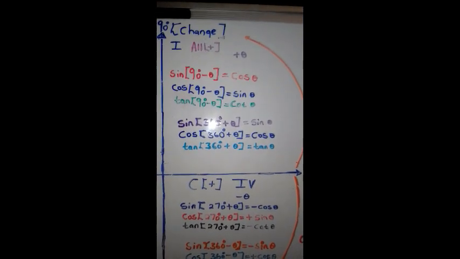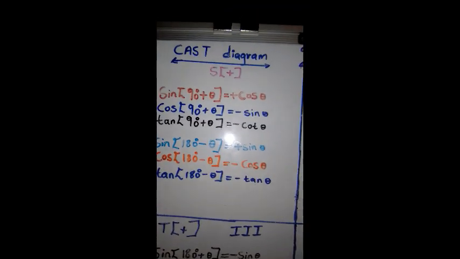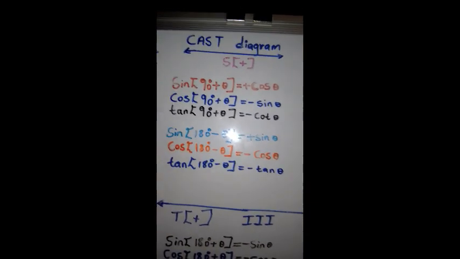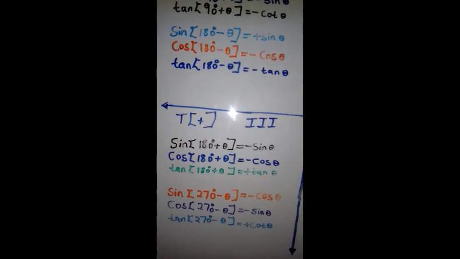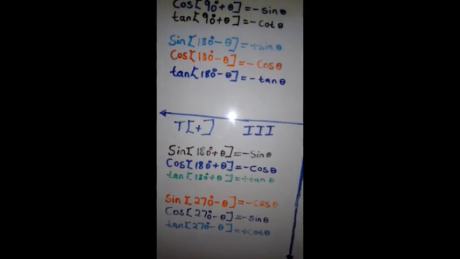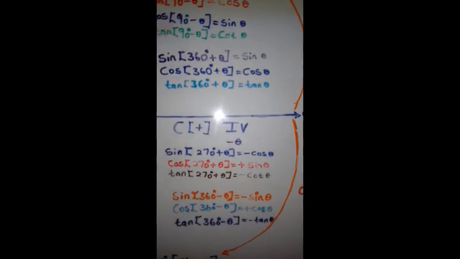Let's go to the second quadrant. On the second quadrant, only sine is positive, which means any other trig is negative. Let's go to the third quadrant. Only tan is positive, which means the other trigs are negative. On the fourth quadrant, only cos is positive.